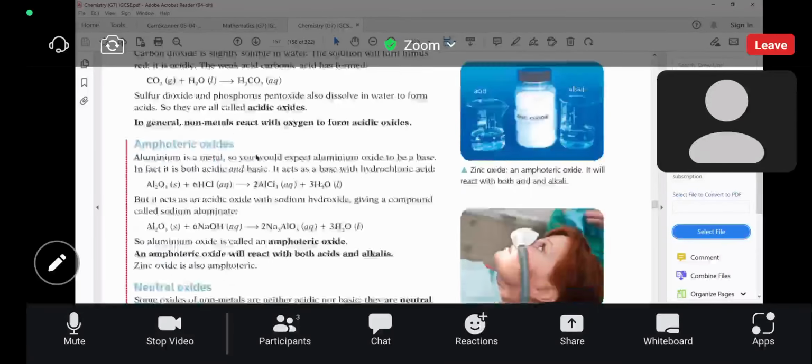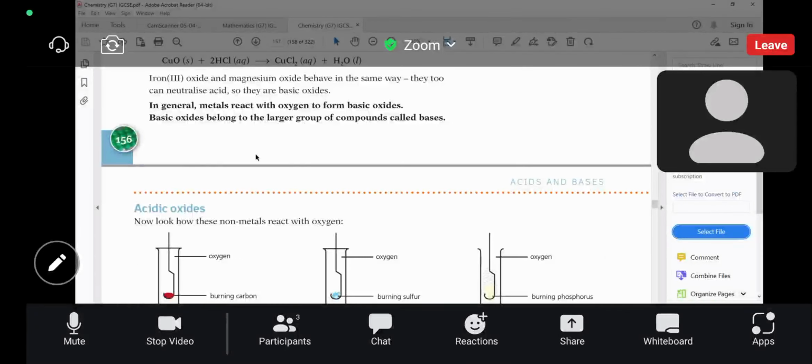Right. Now we are going to classify oxides into 4 categories. This is just how we write the chemical formula, but we have separate chemical equations for producing these kinds of oxides. Now we are going to look at the classification of oxides. What are they?